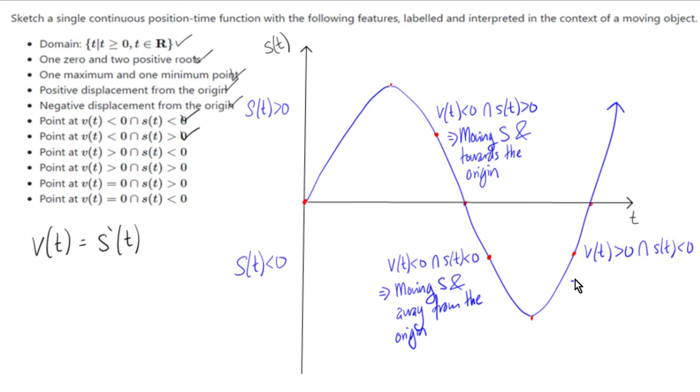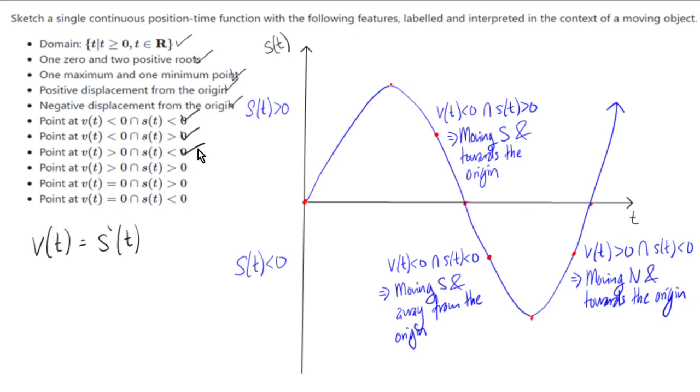And this, interpreted in the context of a moving object, means that we're moving north. We're moving up, right? North or up or forward. And we're moving towards the origin. So that was this point right here.